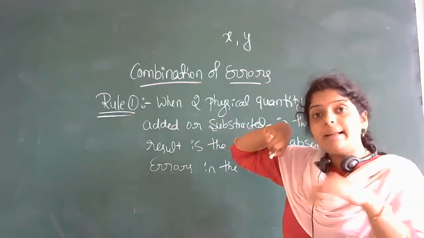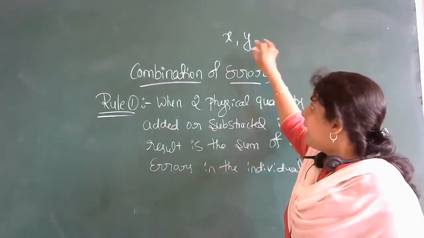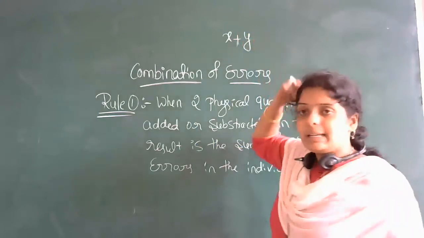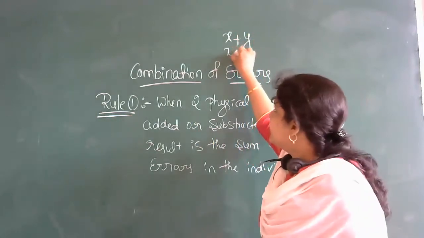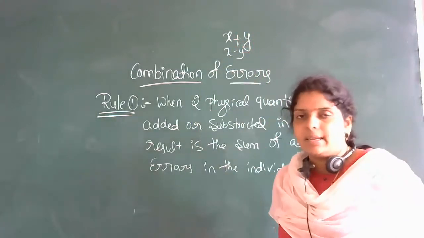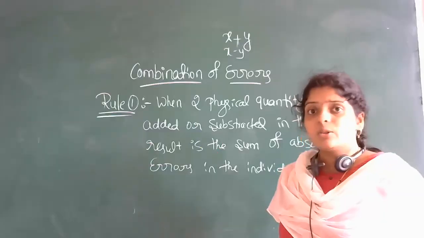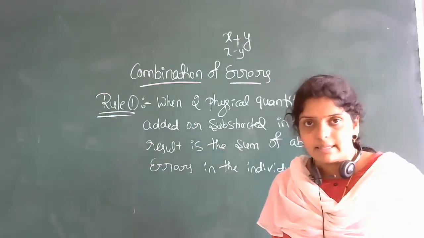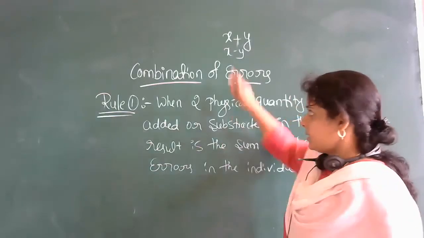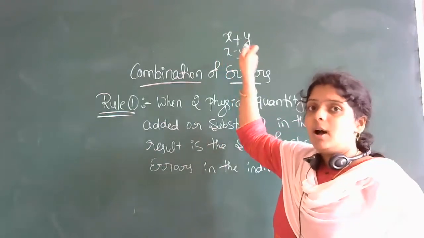They are added or subtracted, in the sense you can take it as x plus y, or you can take it as x minus y. So what is the final result when two physical quantities are added or subtracted?